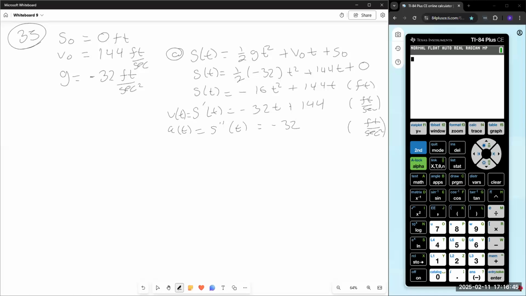So for part B, they ask us to find all of those things: position, velocity, and acceleration when t is 3.